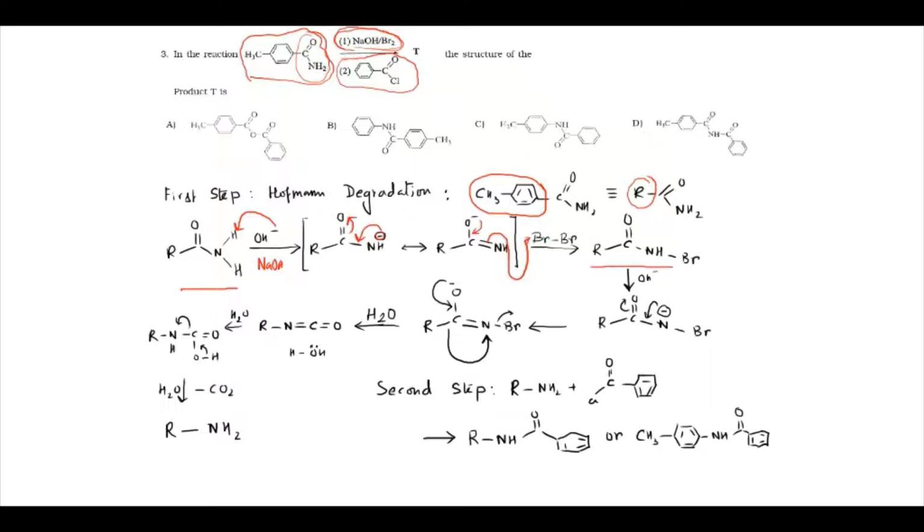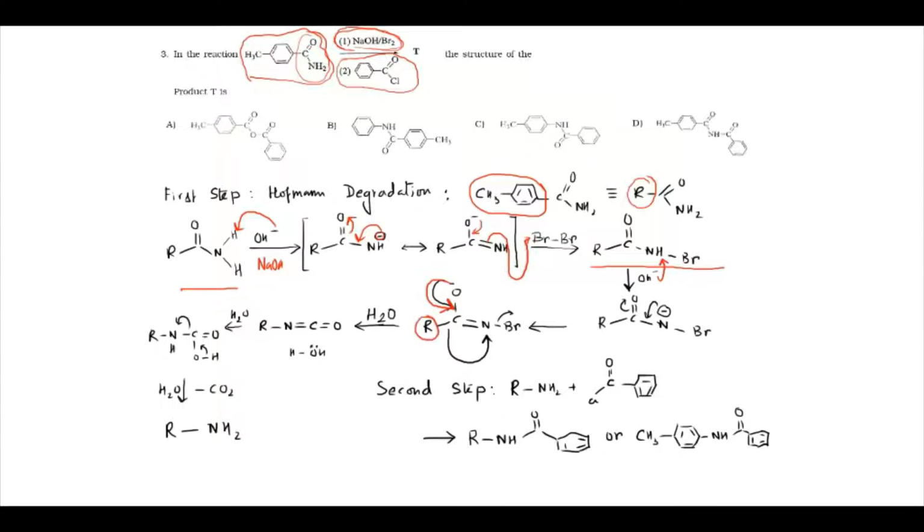The base will act again. It will take another proton which is left on this nitrogen. So now again another negative charge, and this negative charge will again move due to resonance. But now what will happen in this step? The charge over the oxygen will come back, and this R group will migrate.